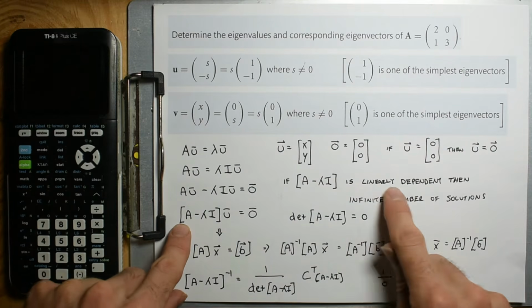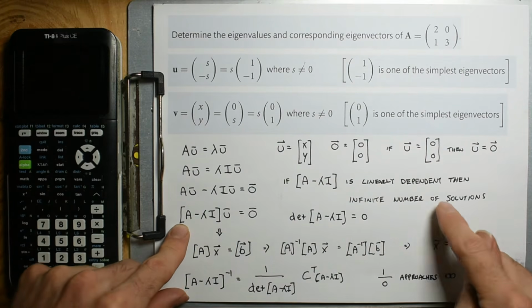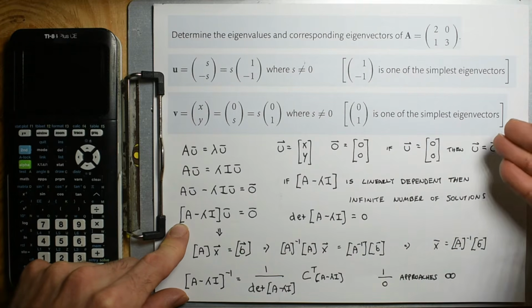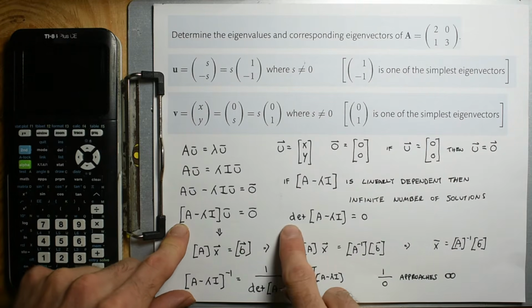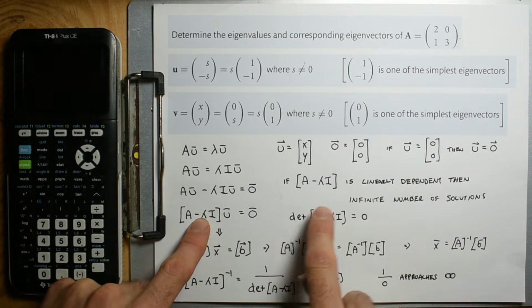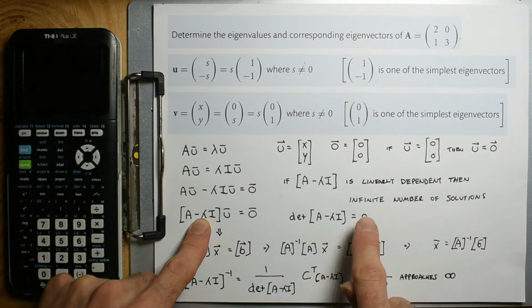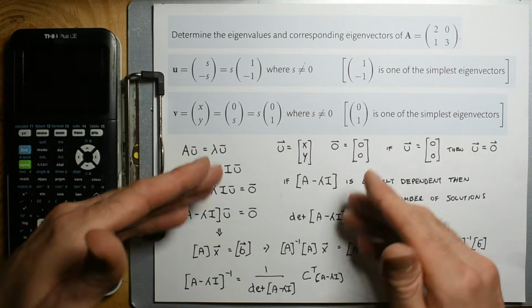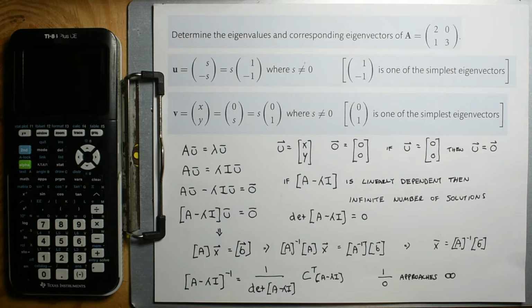So if this matrix is linearly dependent, then we have an infinite number of solutions. And the test for linear independence or dependence is taking the determinant of this matrix. And we're just going to say if it's 0. We're going to assume that it's 0, and if it is 0, then we're going to have an infinite number of solutions. And then we'll just go from there.